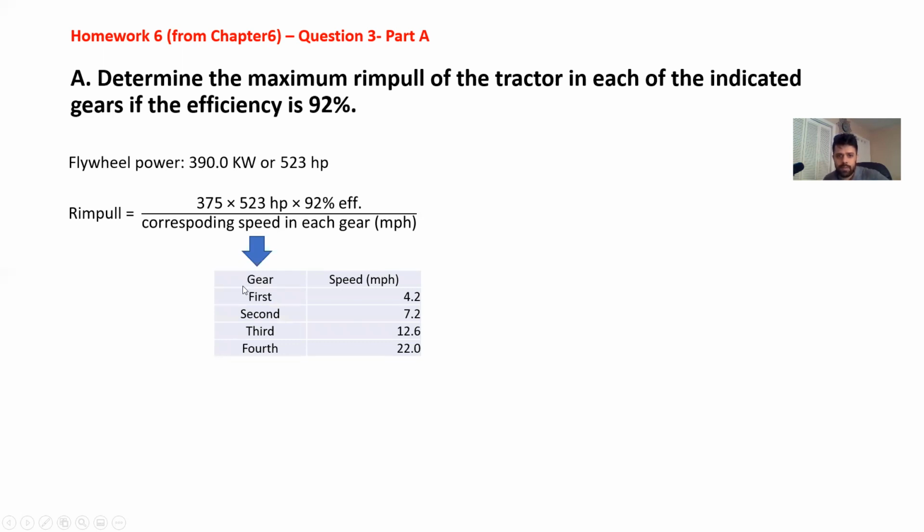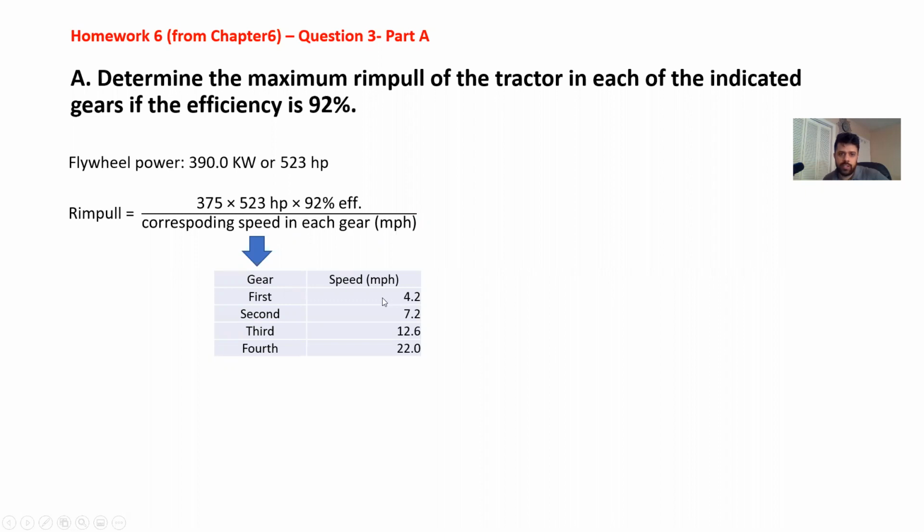In the first gear, it can only move at 4.2 miles per hour. So all we need to do to find the rimpull, because it is asking the rimpull in different gears, okay? The only thing that changes in different gears is the speed of the vehicle. So we'll write the equation, and everything will remain the same except the speed.